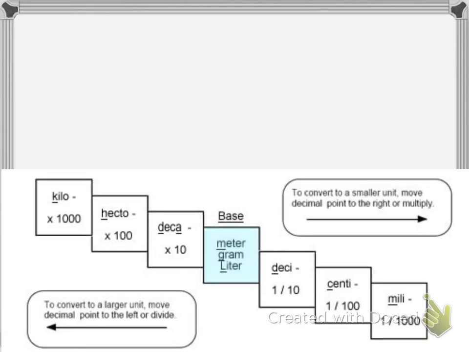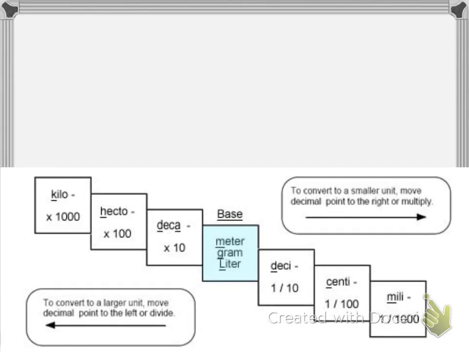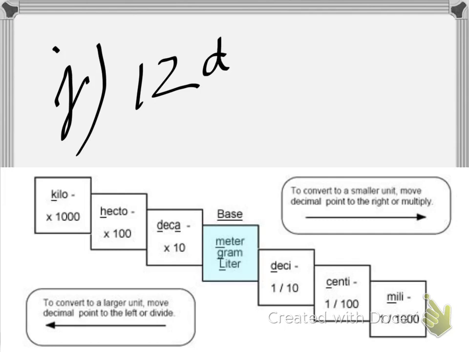Next, we're going to go ahead and take a look at another one. We will look at J. For J, we have 12, and the DA stands for the decameters.